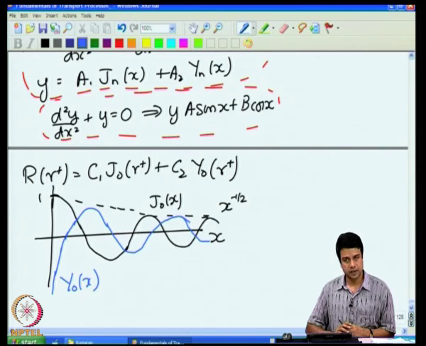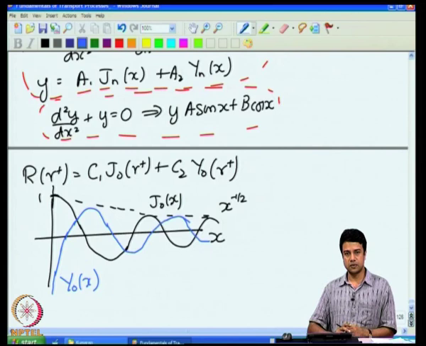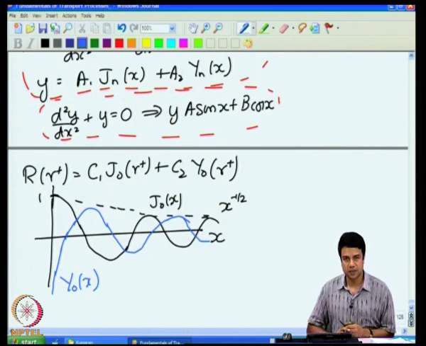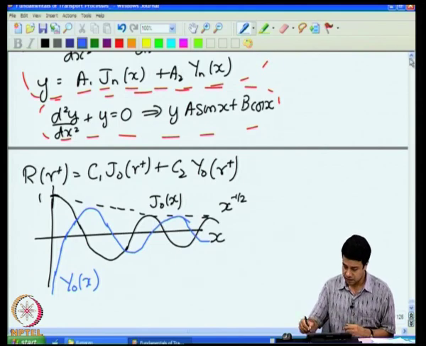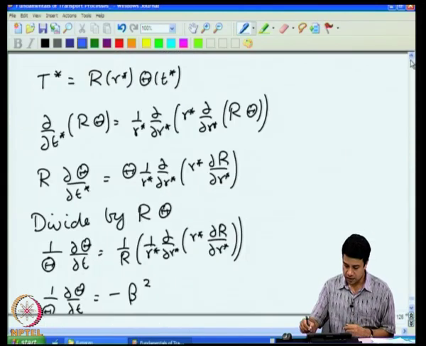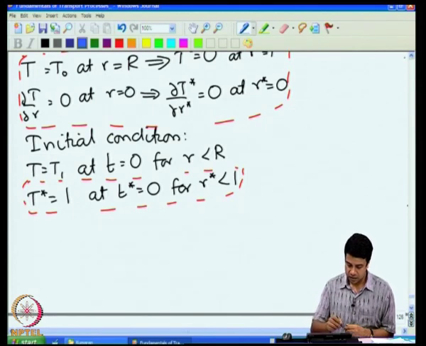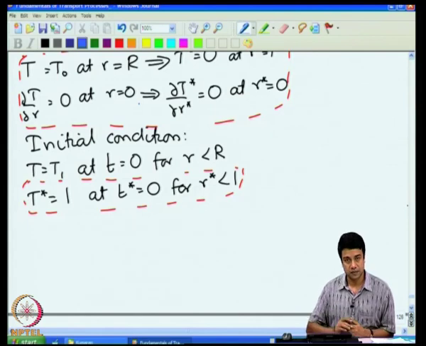Now, the first thing we can say is that just from the form of these two solutions, C2 has to be equal to 0. The reason is because Y naught goes to minus infinity at R star is equal to R plus is equal to 0. However, my boundary condition requires that the derivative of the temperature has to go to 0 at R is equal to 0. So, the derivative of the scaled temperature has to go to 0 at R is equal to 0.